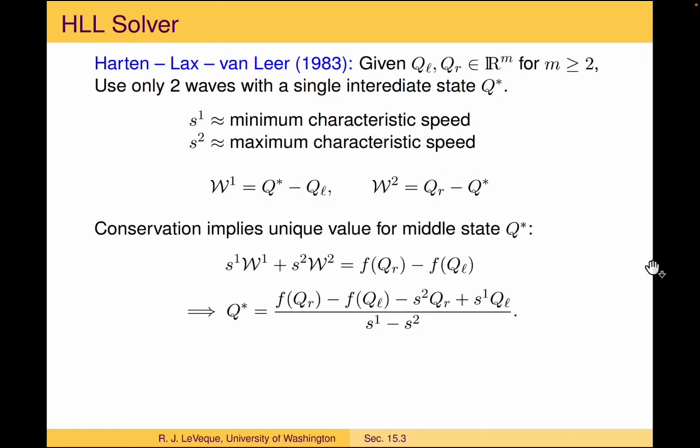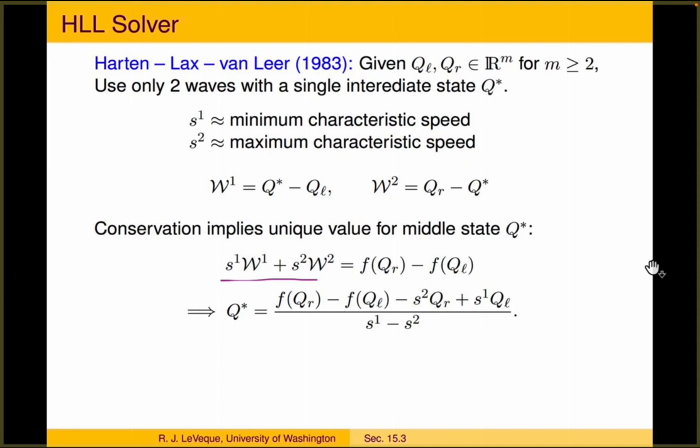And then we want it to be conservative. So in general, when we have this wave propagation form, and we've written the jump in Q as a linear combination of waves, then when we look at the conservation law, what we find is that the sum of S times W has to be equal to the flux difference between the left and right state.